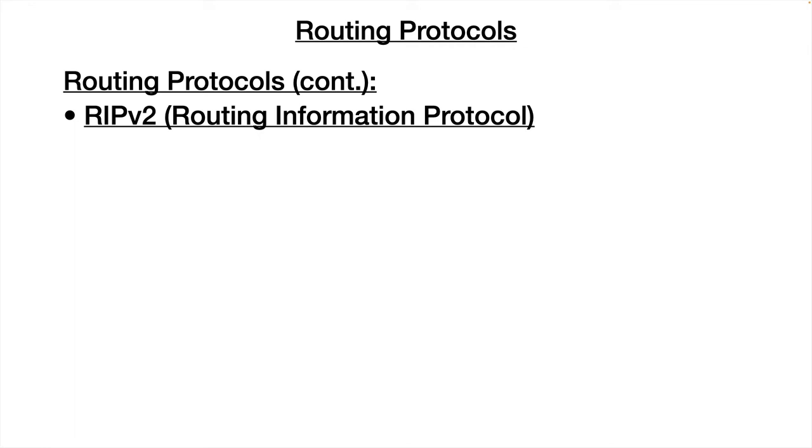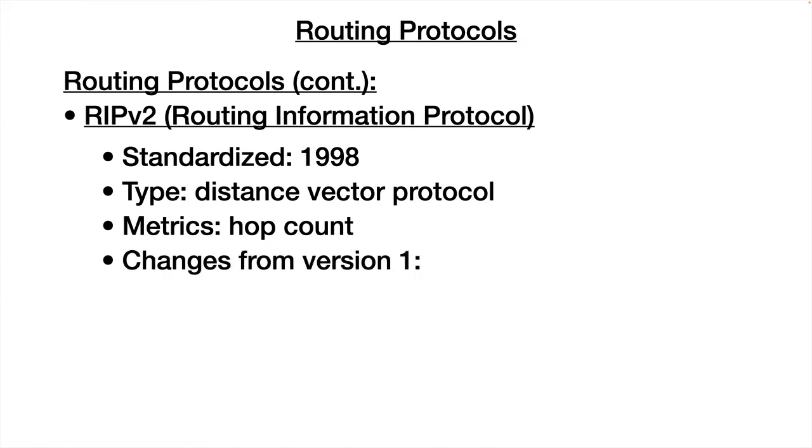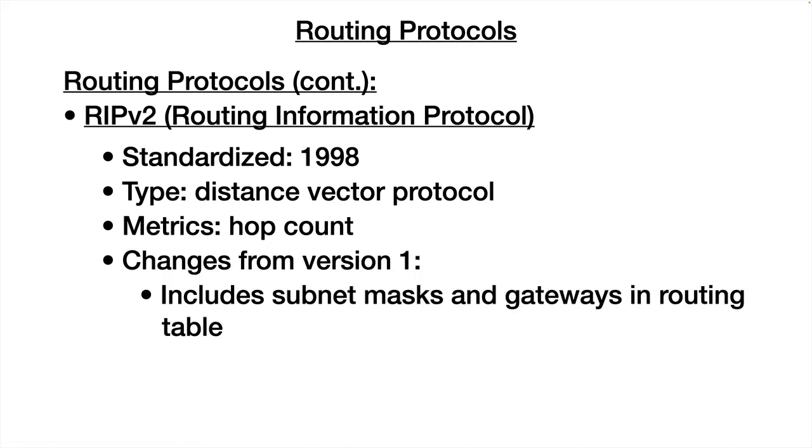RIP was updated to RIP version 2. It was standardized 10 years later in 1998. It is a distance vector protocol like its predecessor. The metric is the same, which is hop count. So what changes did they make in version 2?